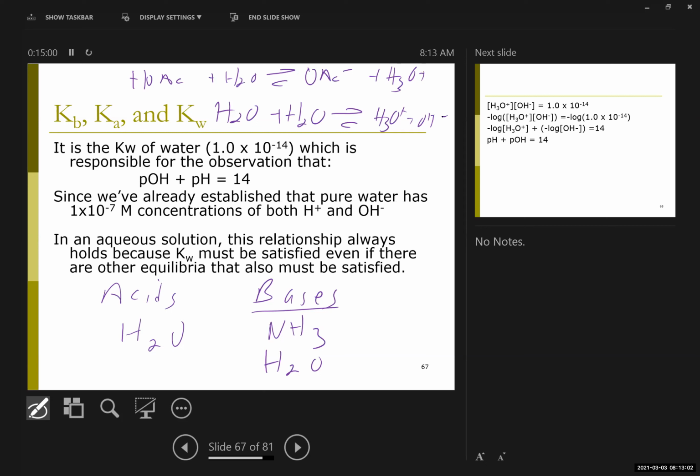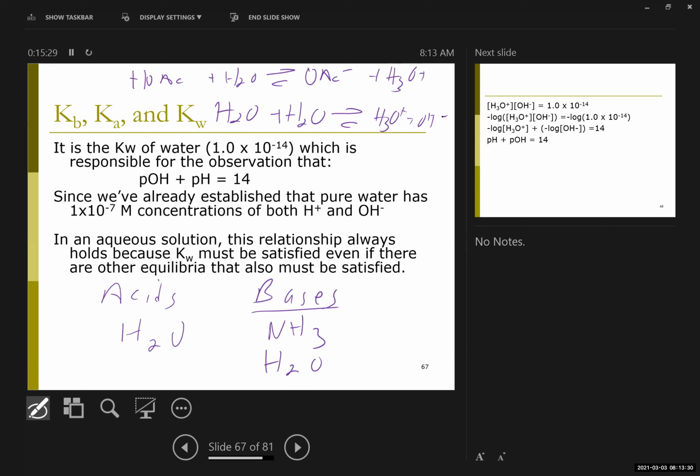The only reason I need to consider it here is because my first reaction doesn't give me any hydronium. If my question were different, which is how much hydroxide do I get from my ammonia solution, I wouldn't consider Kw either because it's not going to give me any hydroxide to speak of.